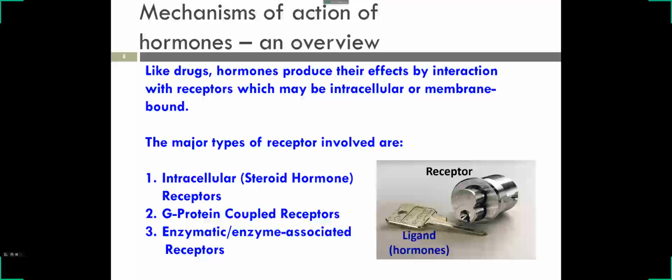The intracellular receptors are the steroid hormones because remember, the steroids can cross the plasma membrane. The membrane-bound receptors are usually G protein coupled receptors or enzymatic enzyme-associated receptors, the tyrosine kinases. Okay, so, and they have this lock and key where the specific ligand binds to the receptor.